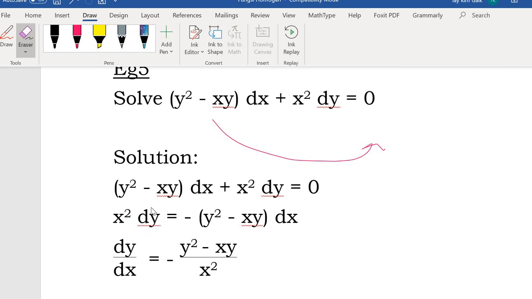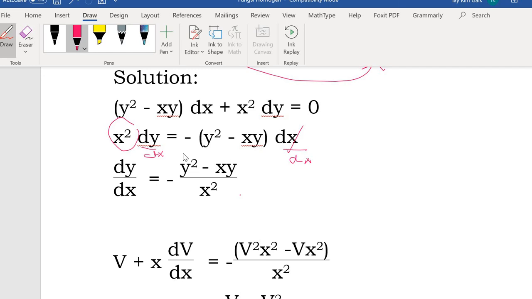So I have dy dx here. So this one divides by dx, so I cancel. x squared here is multiplied, bring to the other side, it becomes divide. So I have negative y squared minus xy. If you put negative here, it's the same as this form.